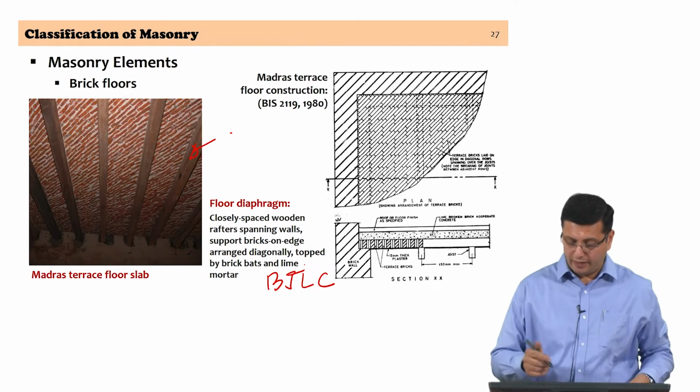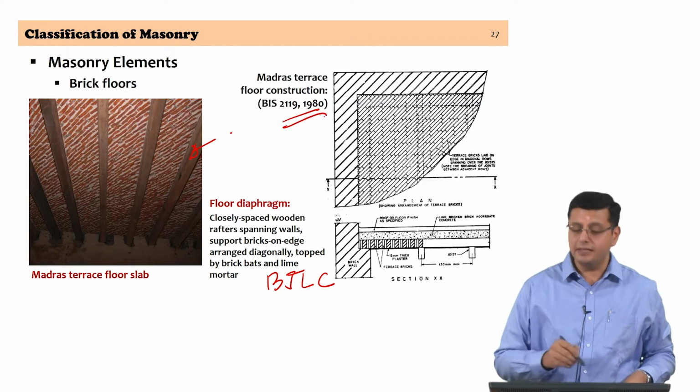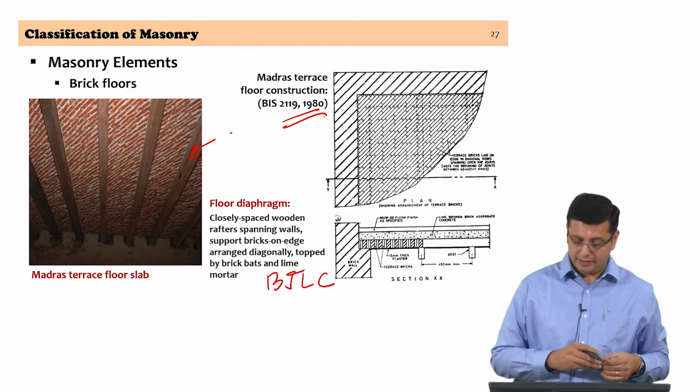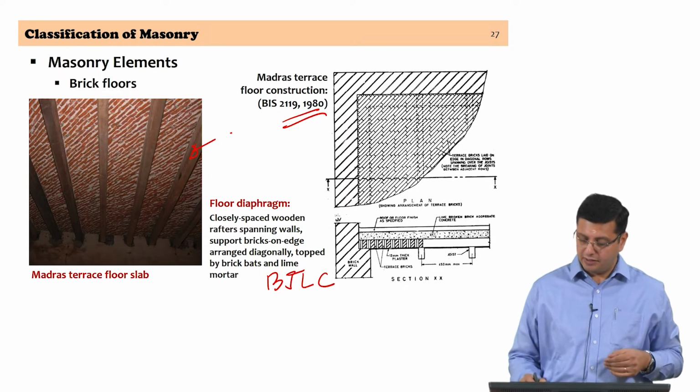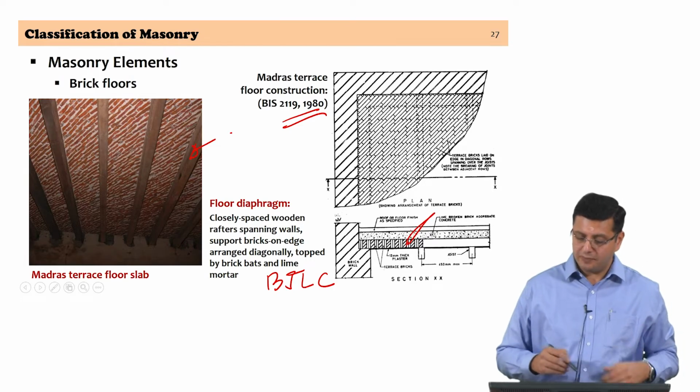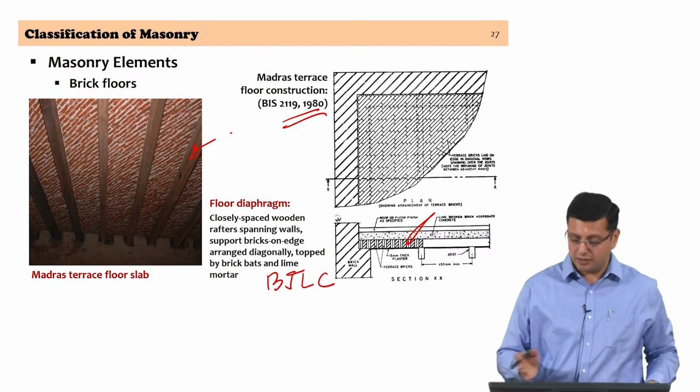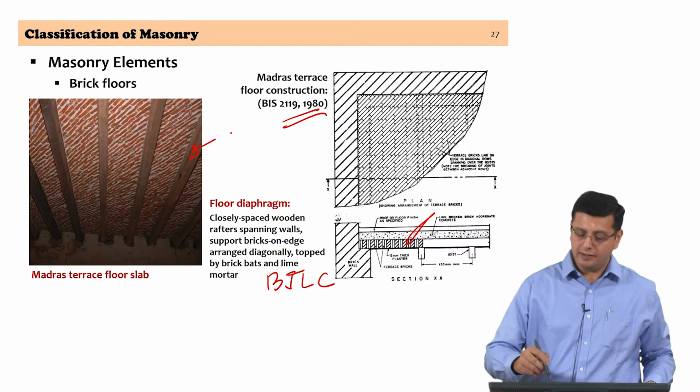So, you have actually an IS code that details the construction of these floors called Madras terrace type floor construction, and you must pay attention to the way the brick is laid on edge, and the way it is constructed. It is a unique process in which this floor is constructed.